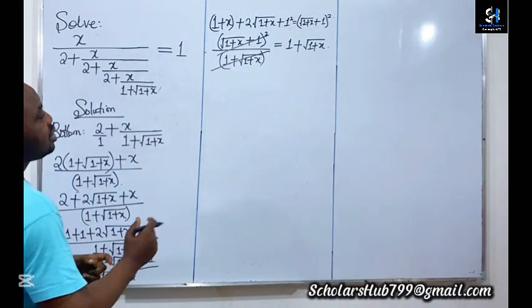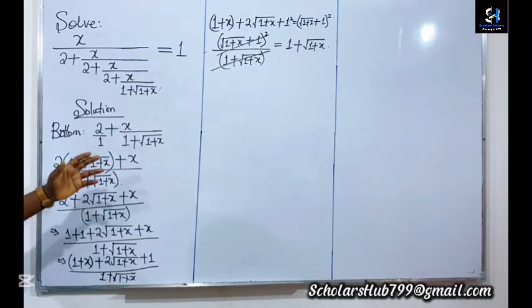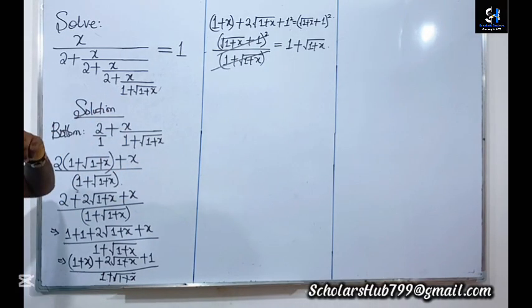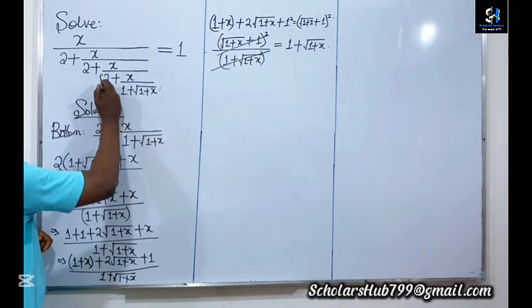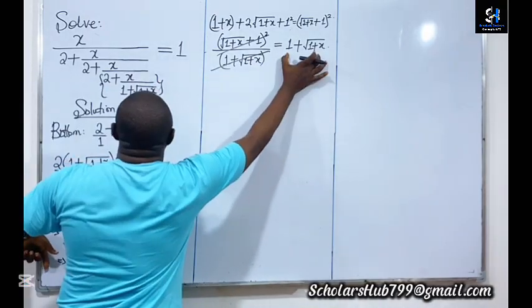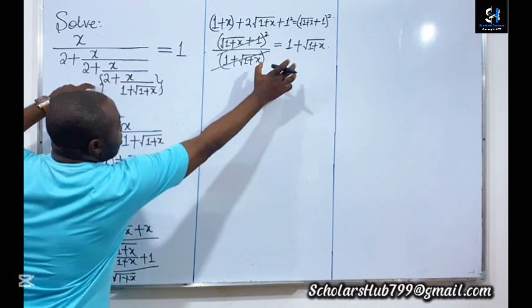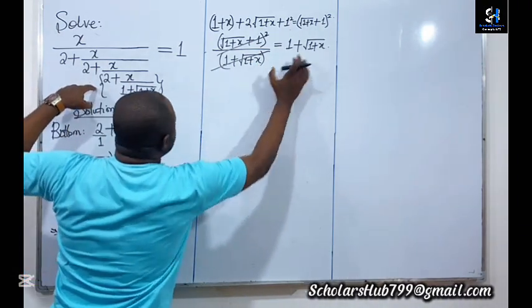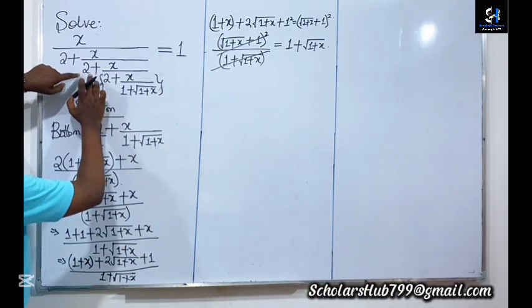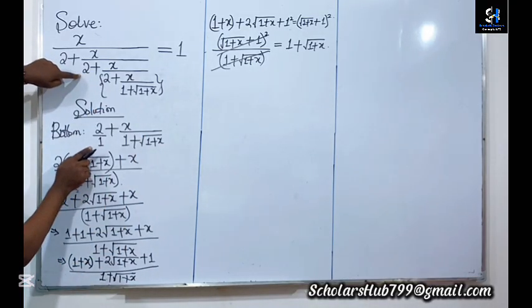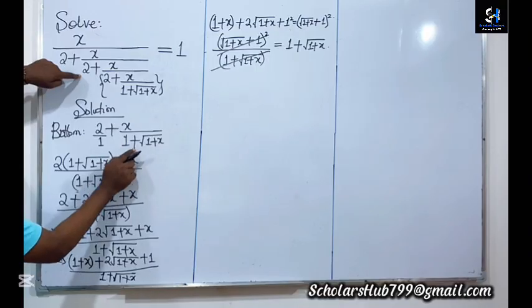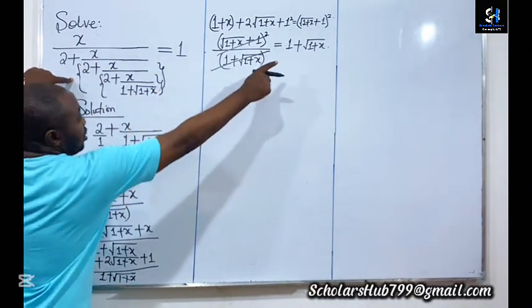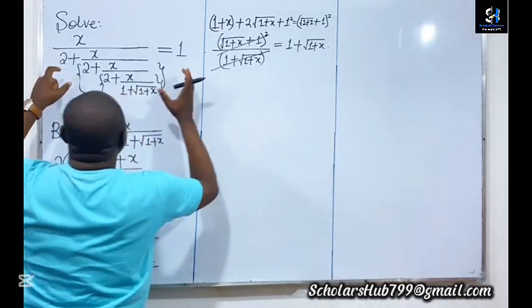So the bottom expression, which is 2 plus x divided by 1 plus root 1 plus x, we got to be this expression. Now if I replace this expression with 1 plus root 1 plus x, I will still get the same bottom expression, 2 plus x divided by 1 plus root 1 plus x, which will also be equal to 1 plus root 1 plus x.